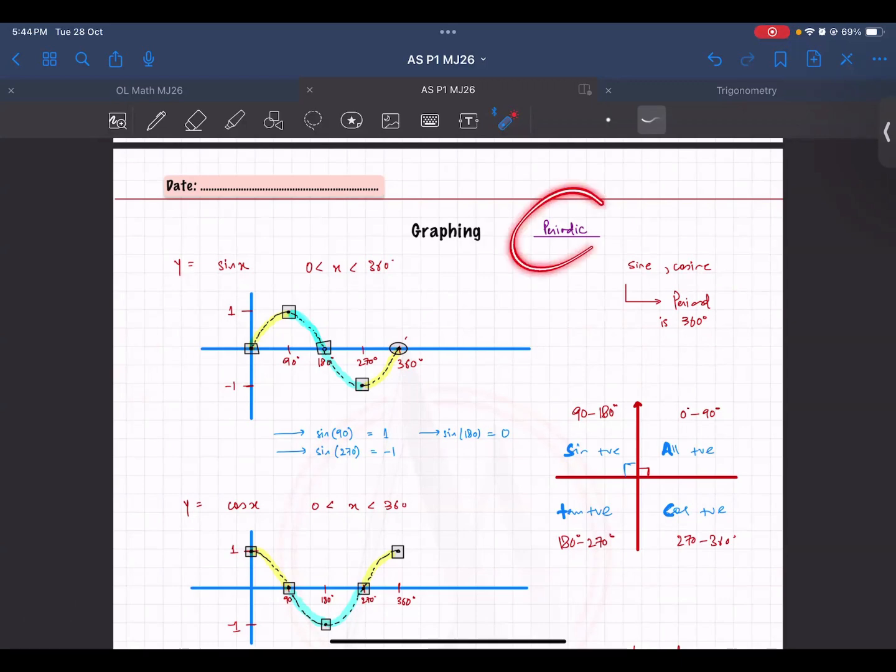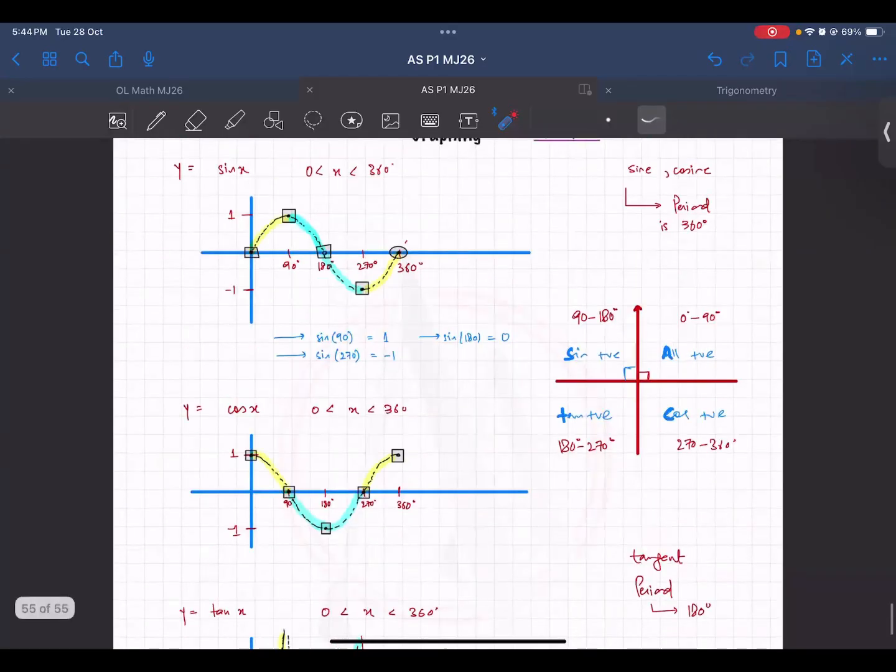So what is the period? One period of sine is that it completes in 360 degrees. You can see it over here. The sine x one period is the interval for one cycle, one wave. So the interval of one sine wave is 360 degrees for sine x.